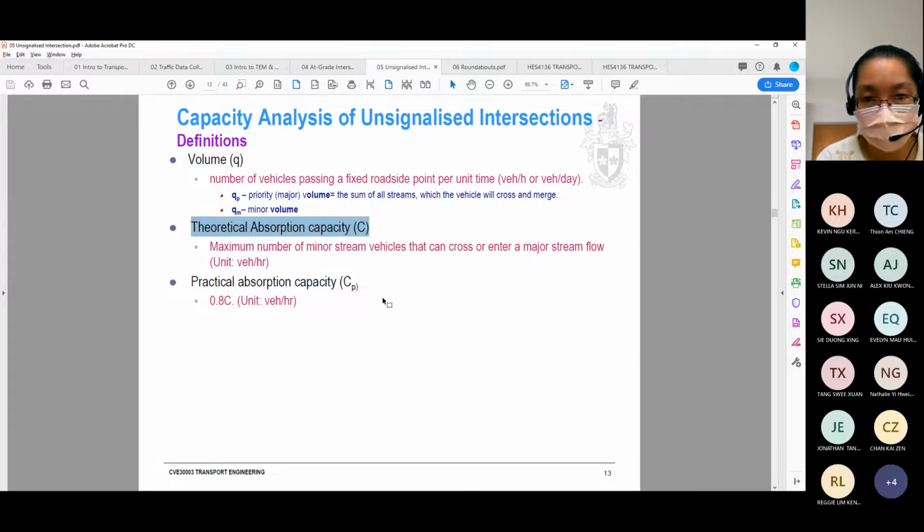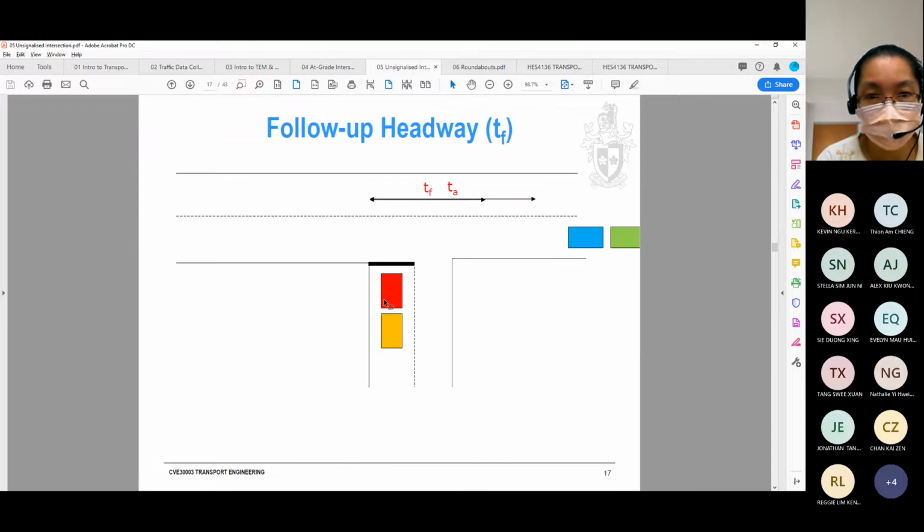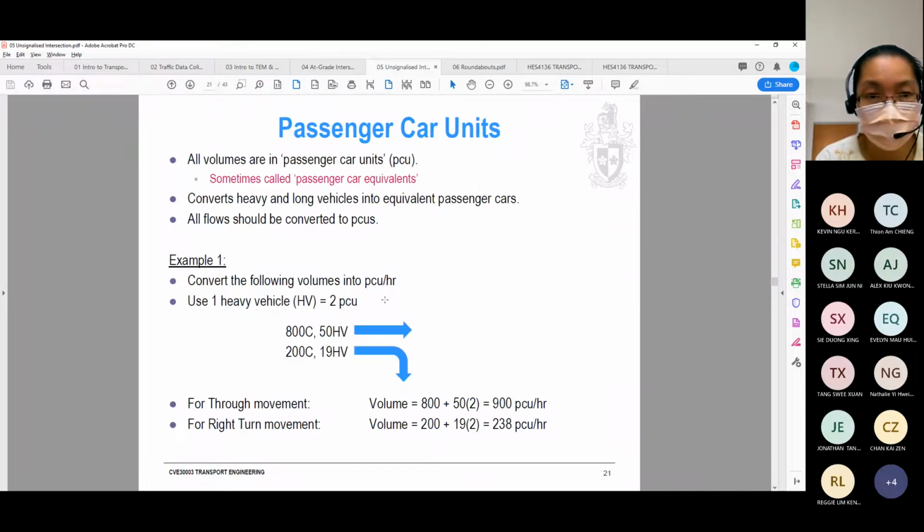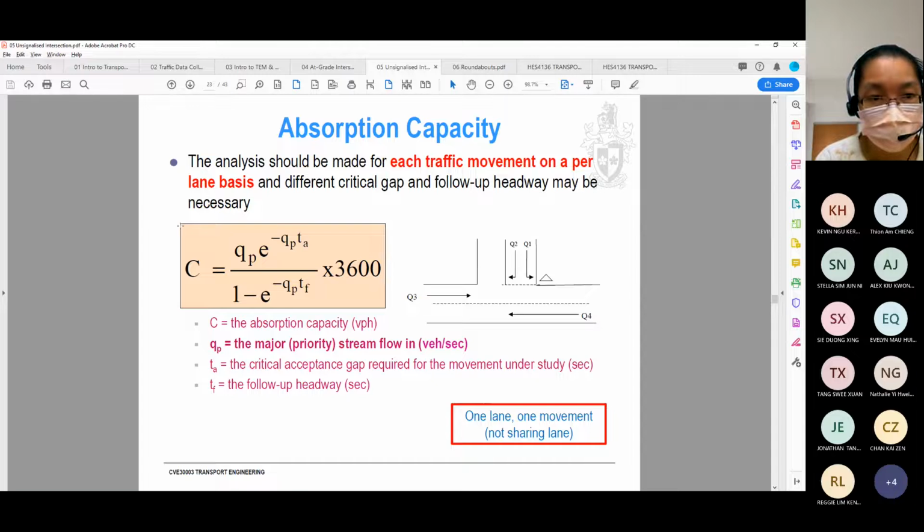The formula is given here. Just be very careful because your QP is in vehicles per second and not in vehicles per hour. And this analysis is very layout specific.